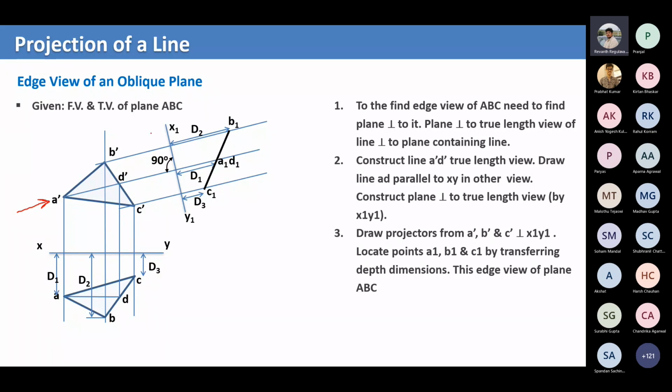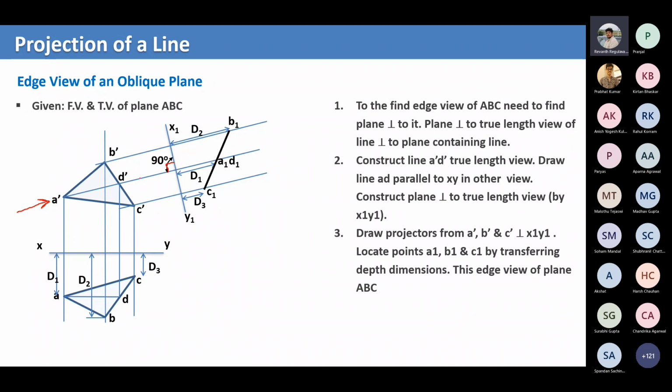So now what you do is you take an auxiliary plane perpendicular to this line A dash D dash. So this is that line A dash D dash, and you choose a plane X1 Y1 perpendicular to this. Now you just project A dash B dash C dash and get the straight line. So everyone knows how this projection is done. Then you take the dimensions of A, B, C from here, D1, D2, D3, and from the auxiliary plane you have to measure those D1, D2, D3, and you just join them.